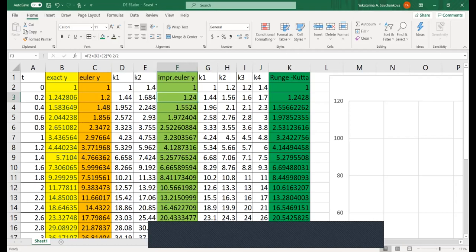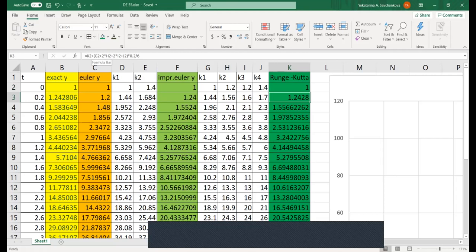Now I'm repeating the procedure for the Runge-Kutta method. The Runge-Kutta method has K1, K2, K3, and K4, and I calculate it as a separate table, but I put it together with this. Start with 1, right? And again, this is the formula for the Runge-Kutta method. You see division by 6 over here, and 0.2 is my step. And K1, K2, K3, and K4 are sitting in cells G2, H2, I2, and J2. If you look over here, you can see them.